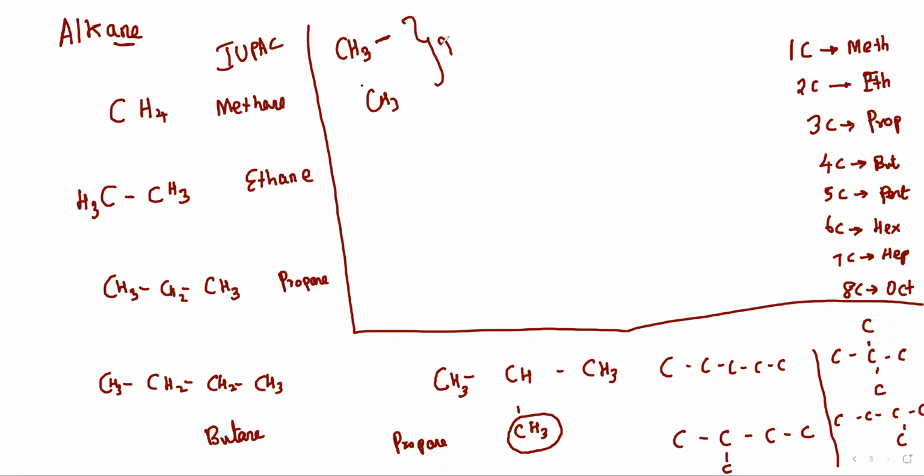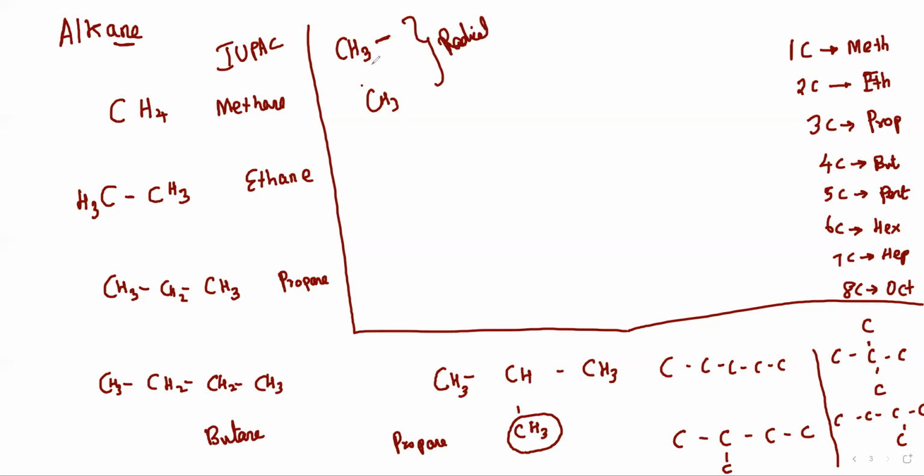This is called a radical. That means it is not a whole compound. It is a part which needs one extra electron, one more bond. That's called a radical.